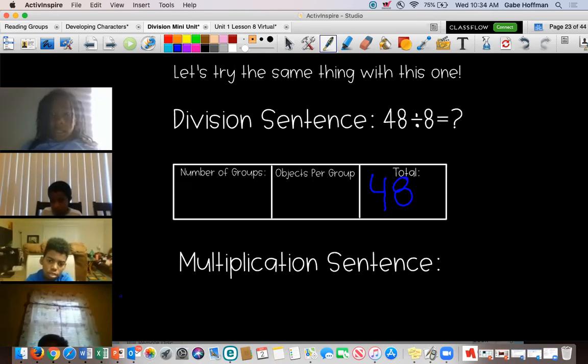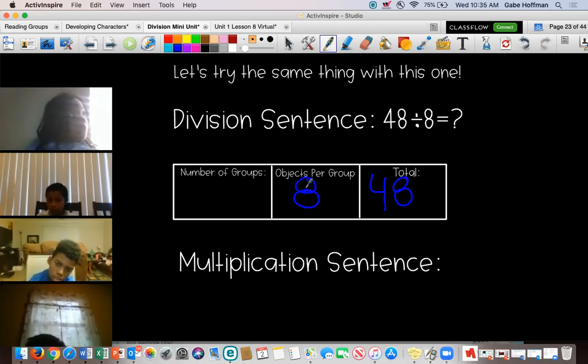Yep, we can put it in either one because it's not a word problem. So which one do you want me to put it in, Clay? Objects per group. I meant number of groups, but that's fine. It could go in either one.